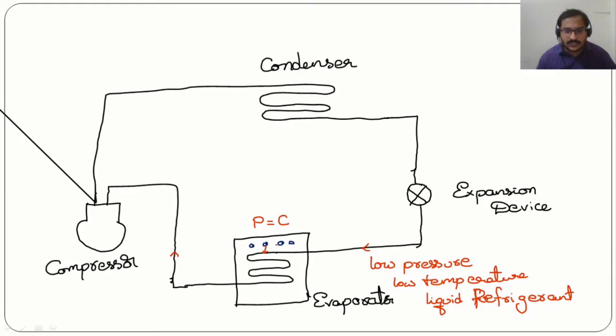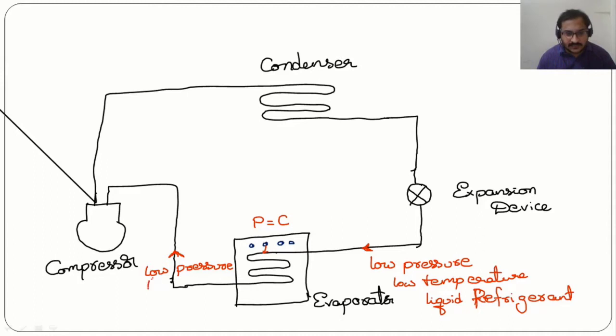As the liquid refrigerant absorbs heat from the products that are to be cooled, this liquid refrigerant gets vaporized, and as a result of that at the same pressure, lower pressure, the temperature at this point and at this point may be same, or as the pressure is remaining constant, the temperature at this point may also increase depending upon how much amount of heat is absorbed by the refrigerant.